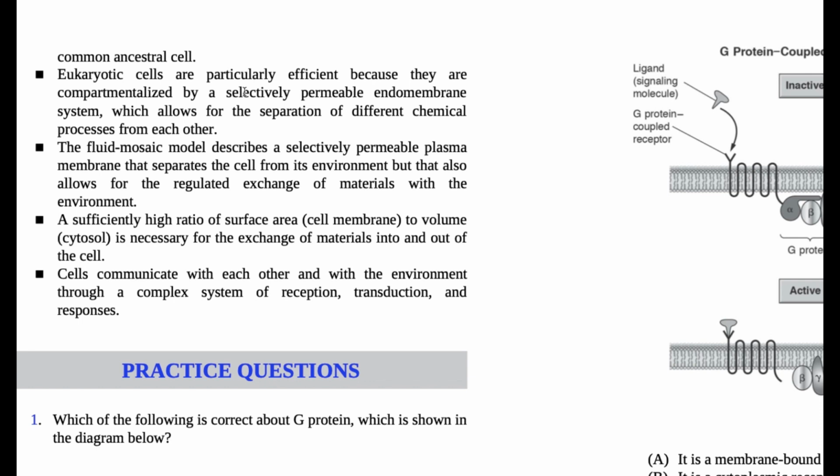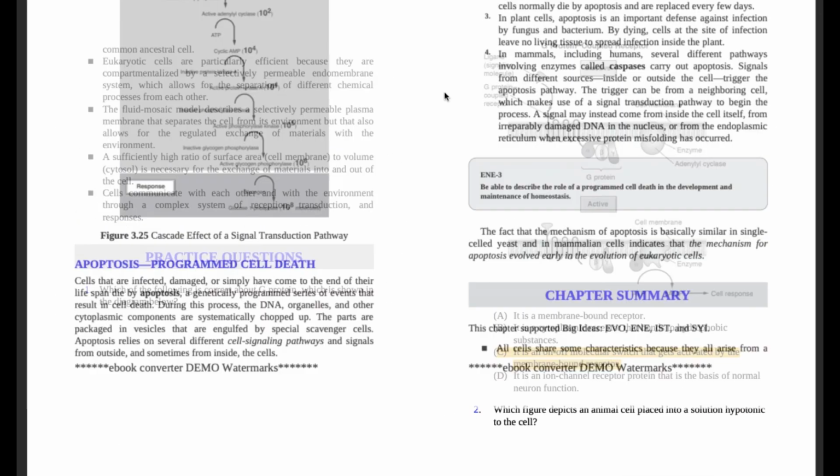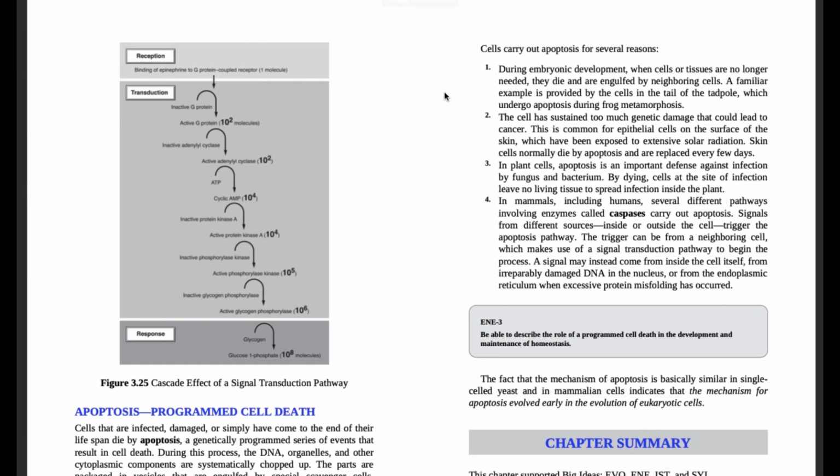And a sufficiently high ratio of surface area of membranes to volume is necessary for exchange of material into and out of the cell. Cells communicate with each other and with the environment through a complex system of reception, transduction, and responses. And that's our main idea. And remember to review that carefully with your textbooks.